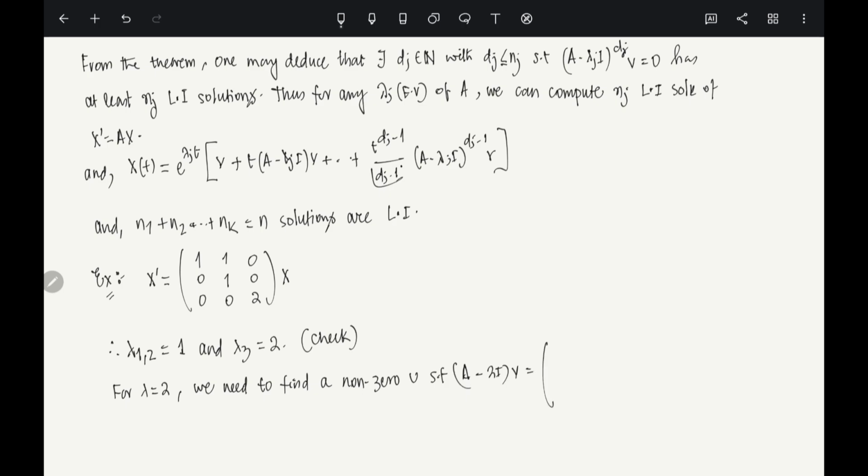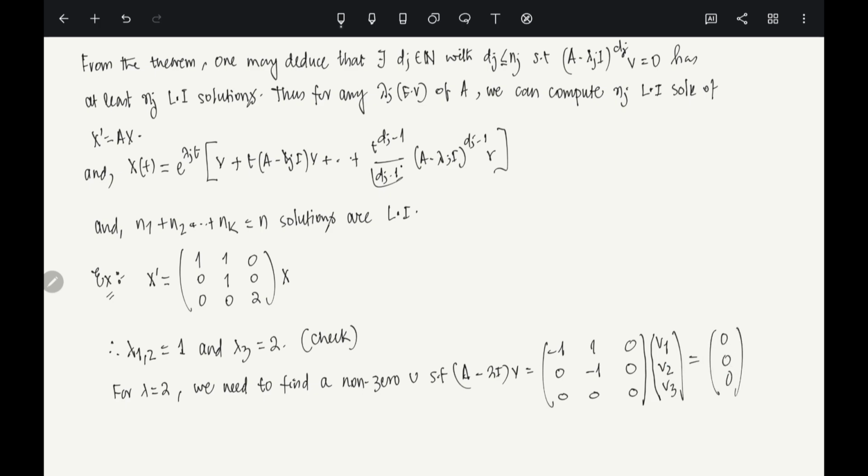If you calculate here, the matrix will be [minus 1 0 0; 1 minus 1 0; 0 0 0] times (v1, v2, v3) equals (0, 0, 0).